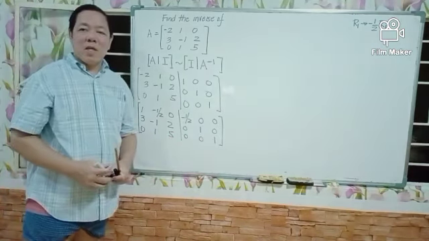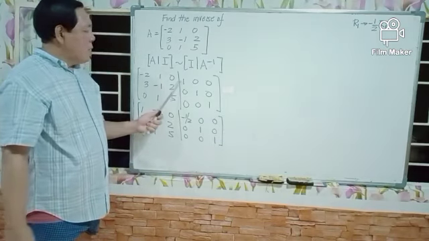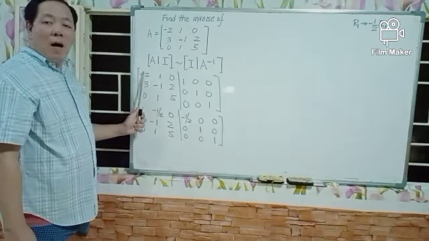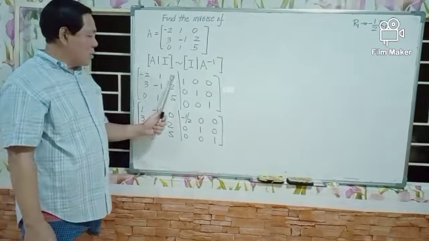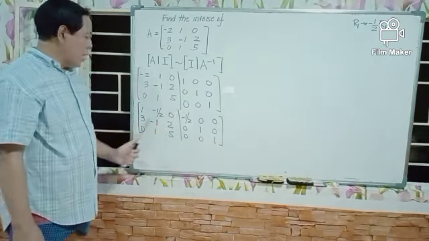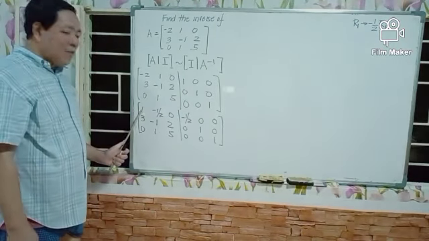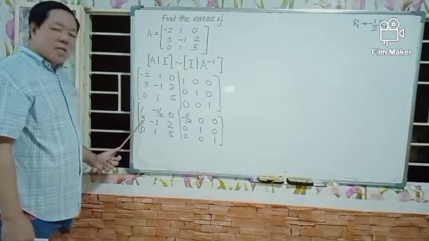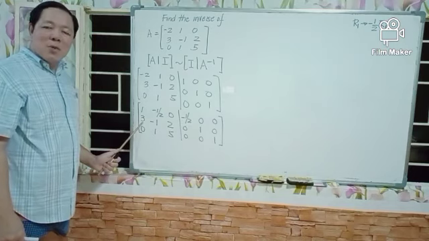We are still working on the first column. Our objective is to make this first column of matrix A into a column with entries 1, 0, 0. And we already have 1 in the first row and first column. Now we change 3 to 0.